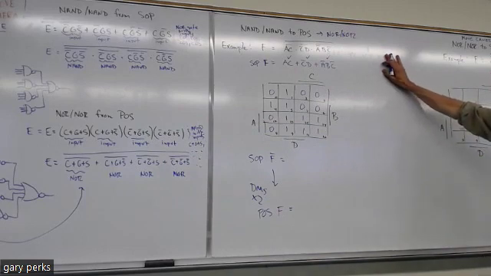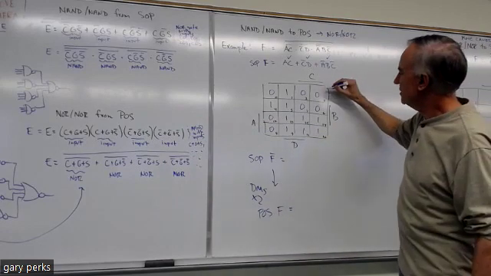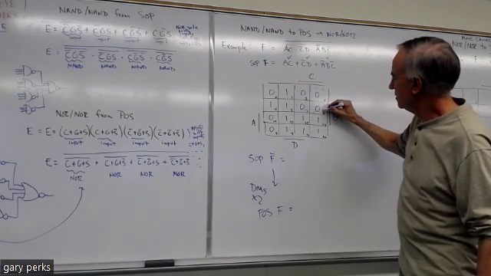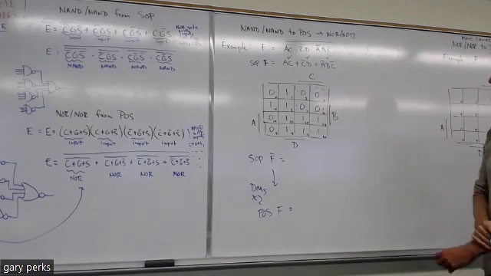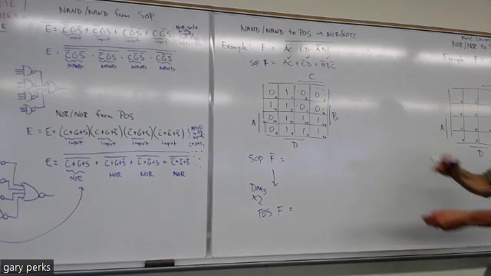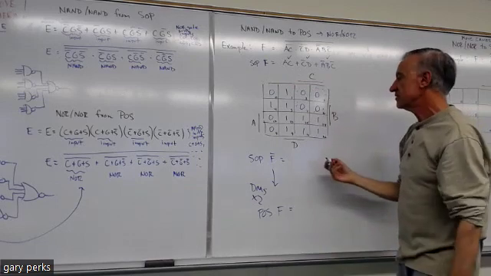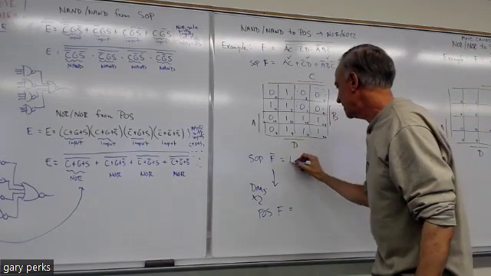Where would you start? Top right, these 4. What term is that going to give us? Not A C, everybody agree? Because that four grouping is all in not A and all in C.